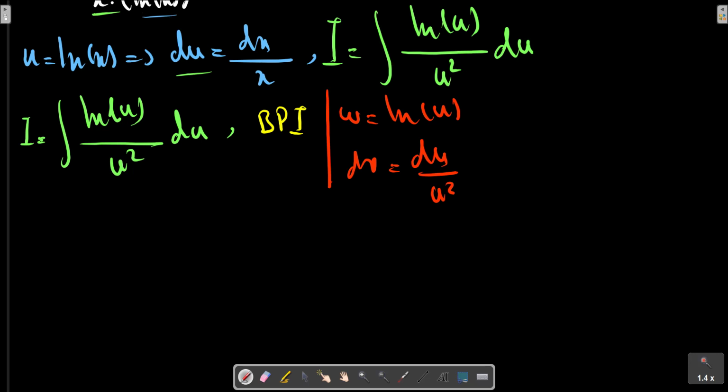In this case, dw equals du on u, and v equals minus 1 on u.